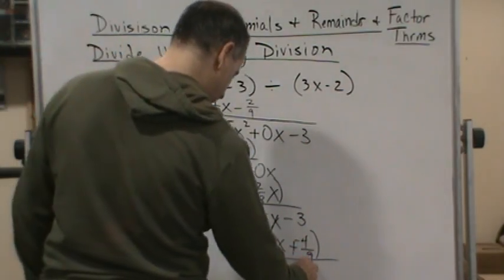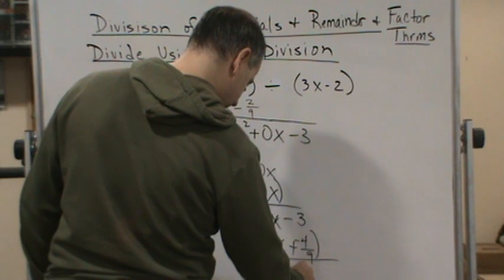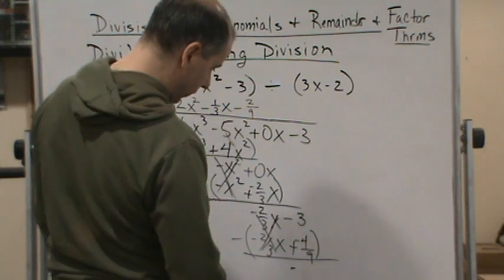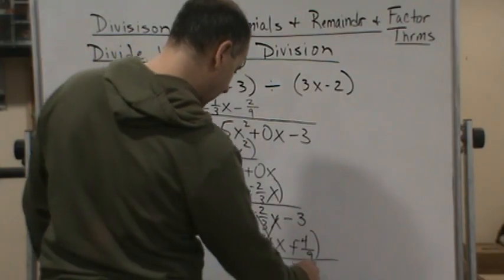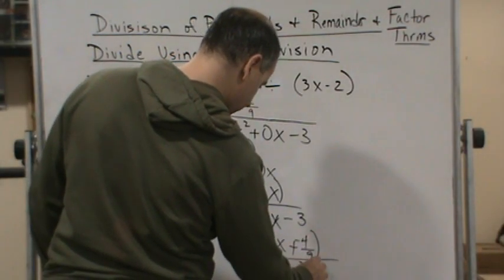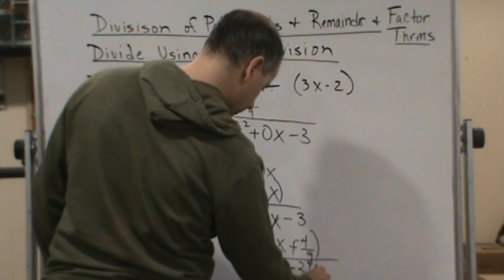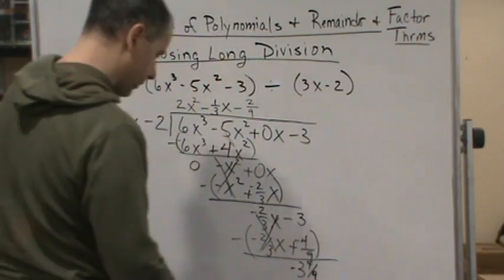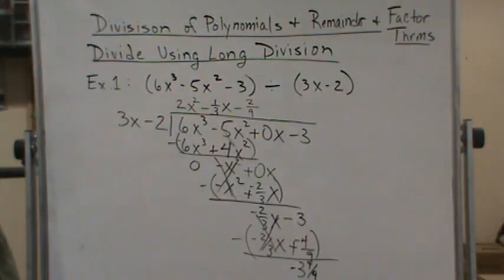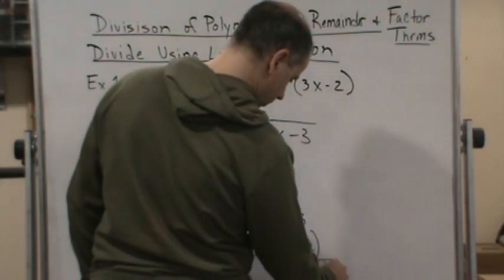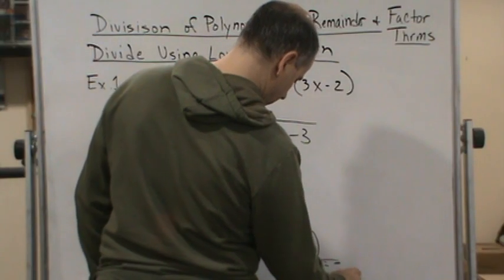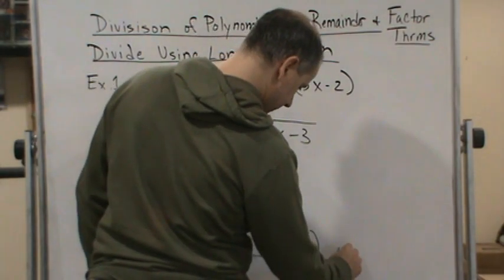This gives me negative 3 and 4/9, which is the same as negative 31/9.